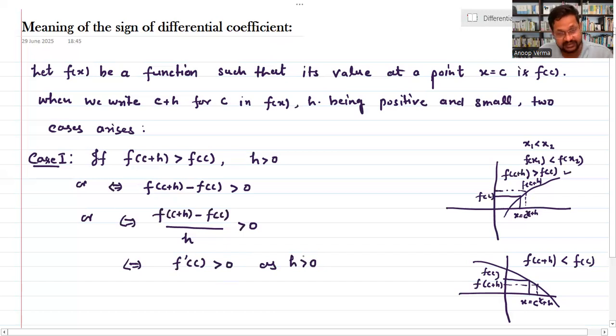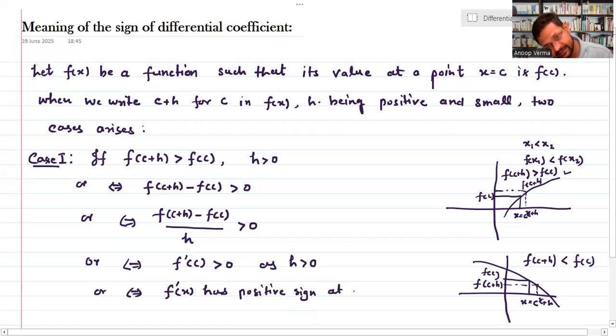So this implies that when the function is increasing, f dash has a positive sign at x equals c.